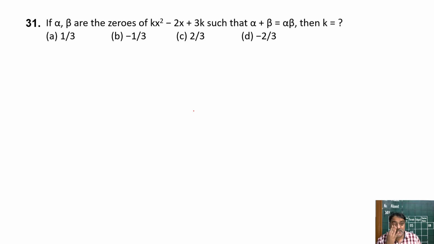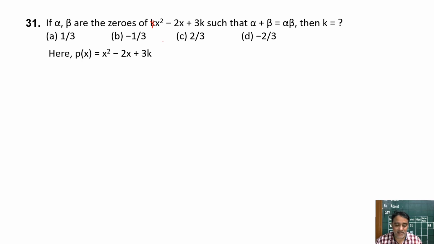Fine. So if alpha, beta are the zeros of the polynomial x square minus 2x plus 3k. Actually, in the question it is x square. Okay, so x square minus 2x plus 3k such that alpha plus beta is equal to alpha beta. So our polynomial is x square minus 2x plus 3k.